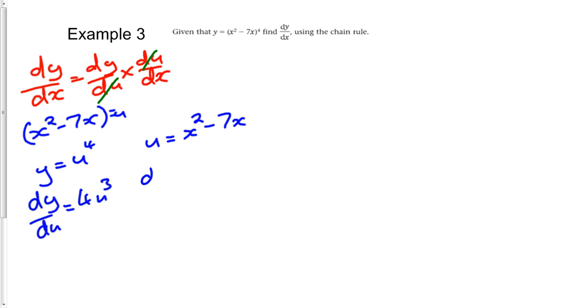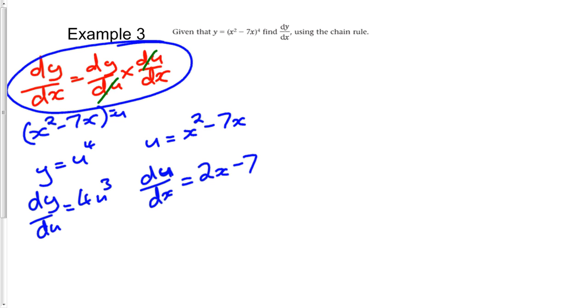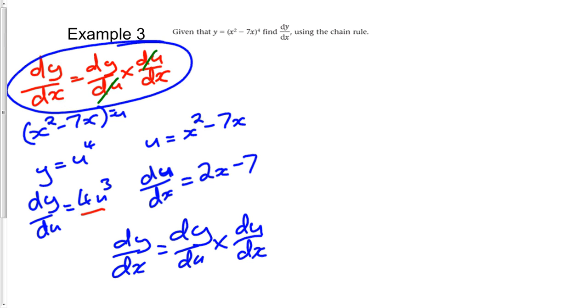So if we then differentiate that with respect to x, so du by dx, that would give us 2x minus 7. Now going back up to the way I explained the chain rule up there, we can then say that dy by dx equals dy by du, which we can see is this one here, multiplied by du by dx, which we've just worked out to be this one here.